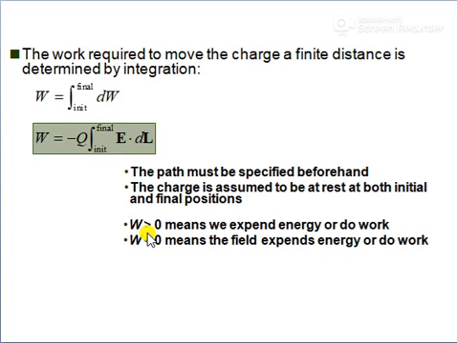Now if W is greater than 0, it means we expend energy or do work. If W is less than 0, it means the field expends energy or does work, right?